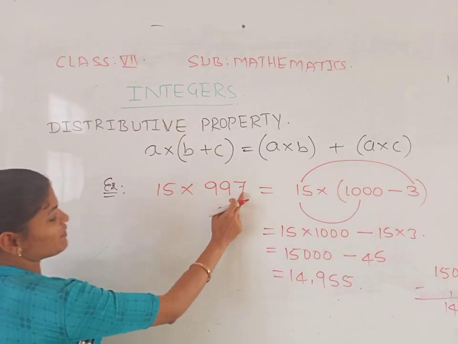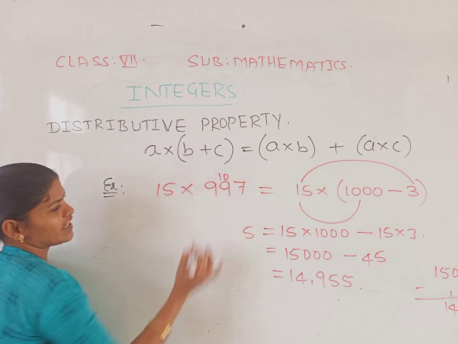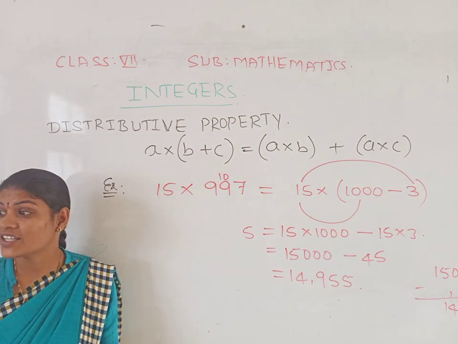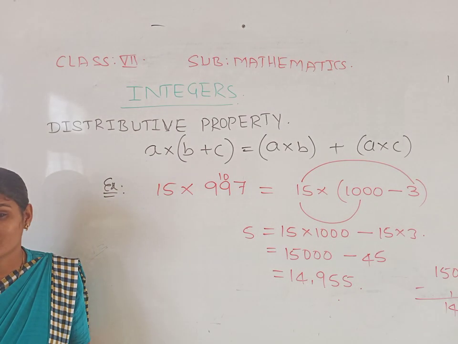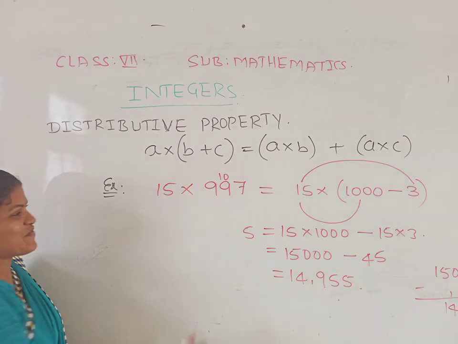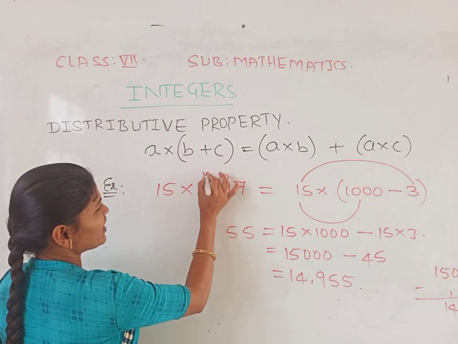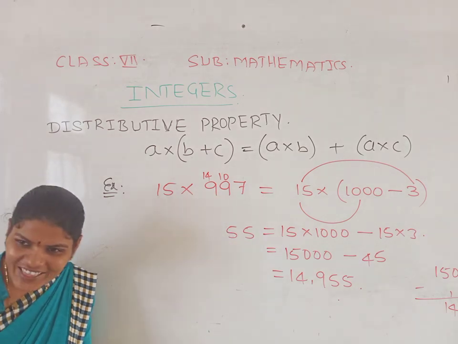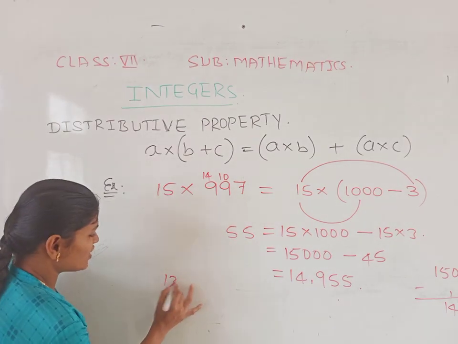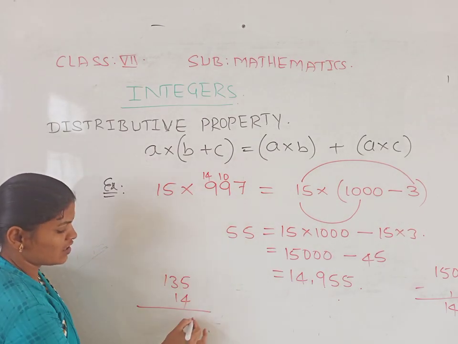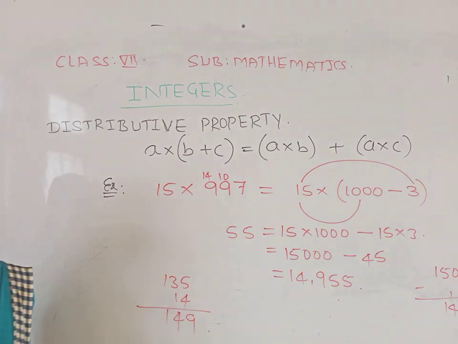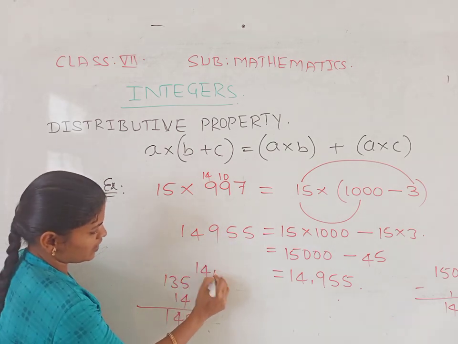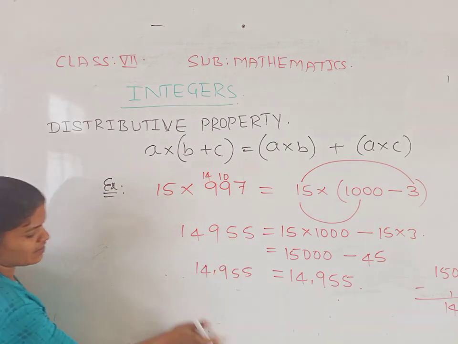Yes, 15 sevens are 105, 10 carry. 15 nines are 135 plus 10, 145, 14 carry. 15 nines are 135 plus 14, that is 149. 149 means our answer is the same. 14,955. Both are the same here.